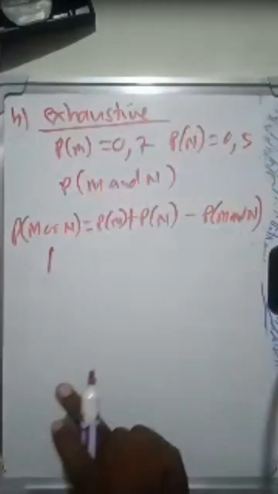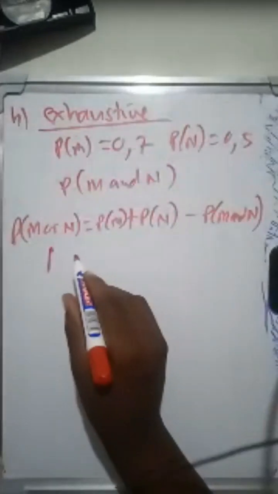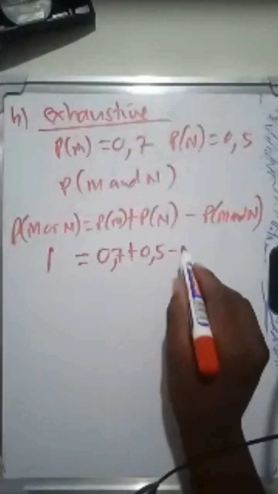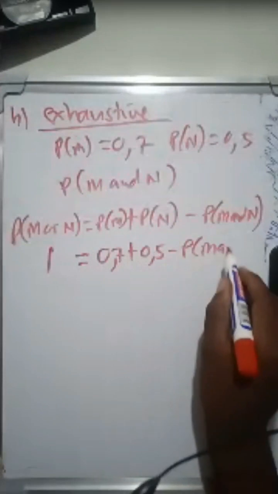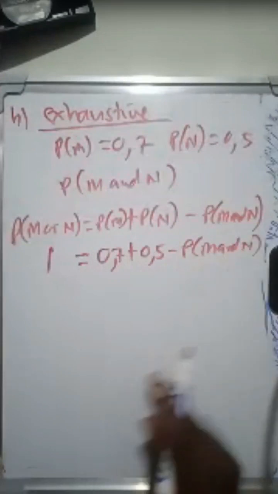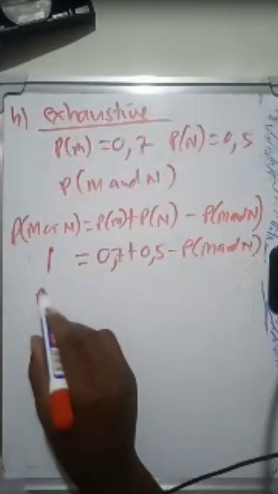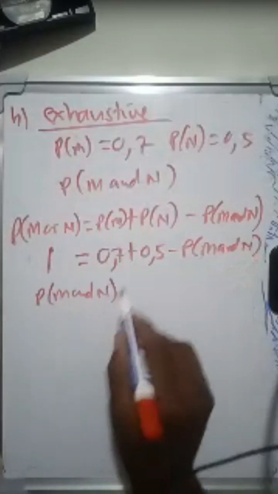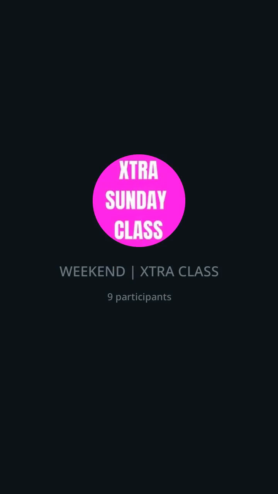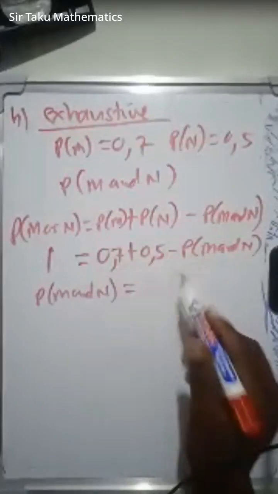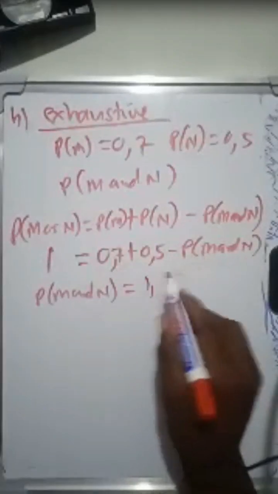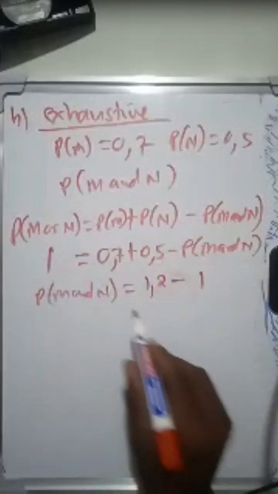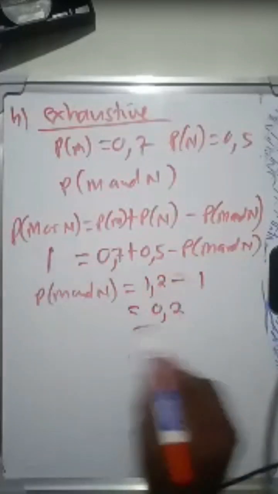It's 1. Because they are exhaustive events. Okay? So 1 is equal to 0.7 plus 0.5 minus probability of M and N. Bring this one that side, probability of M and N is equal to 0.7 plus 0.5, that is going to be 1.2, minus 1, which is going to give us 0.2.